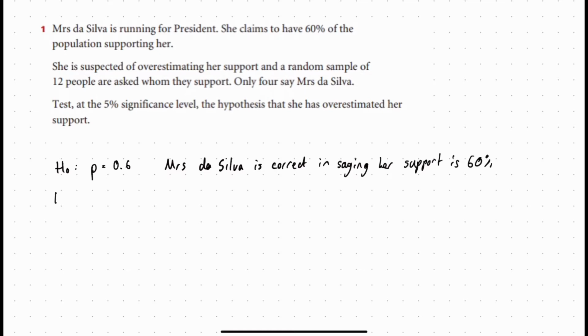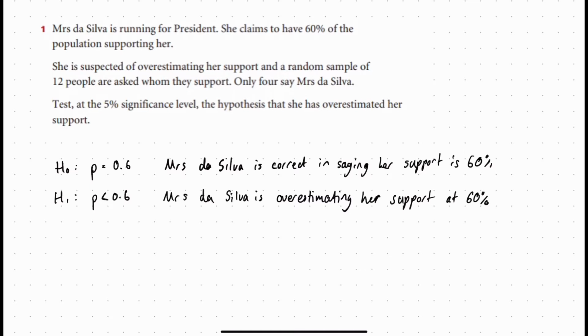Okay, H1, our alternative hypothesis, because we're saying that she may be overestimating, we're going to say P is less than 0.6, which is Mrs. De Silva is overestimating her support at 60%. Okay, so as in it's not at 60%.